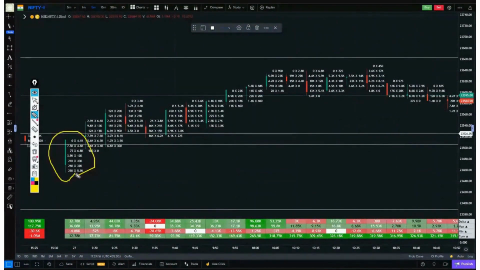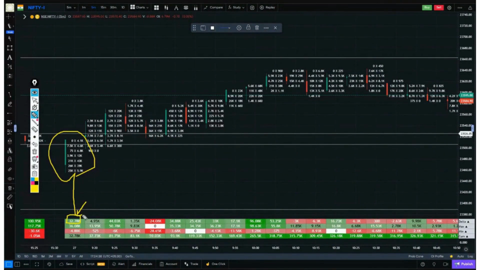The delta of the first candle is around 32,000, meaning there is no negative sign in front of the value, and it is in a green box, which means there are more buyers here. This is a positive delta. A positive delta indicates buyers, meaning there are more buyers within this candle.